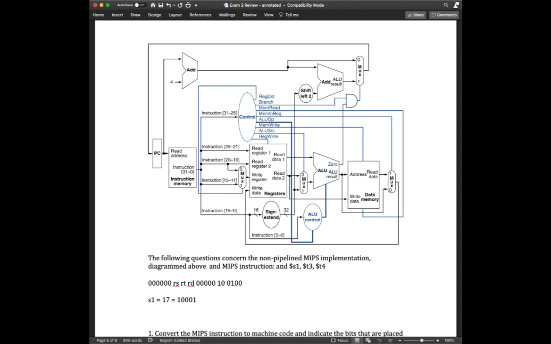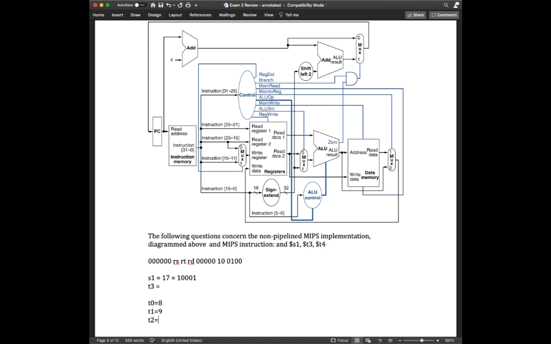Now I have T3. The same reference sheet tells me that T0 is 8. So if I really want, I can count up on my fingers, or if I don't want to count up on my fingers, I can just type myself a little helper right here. And T3 is 11, which in binary will be 0, 1, 0, 1, 1. So if T3 is 11, then T4 must be 12, and that's going to be 0, 1, 1, 0, 0.